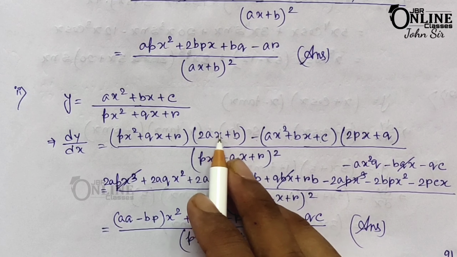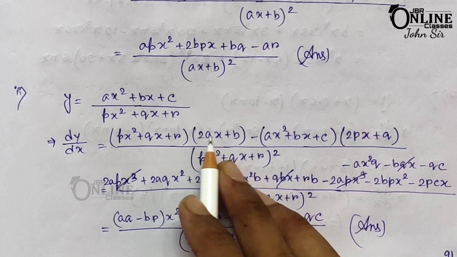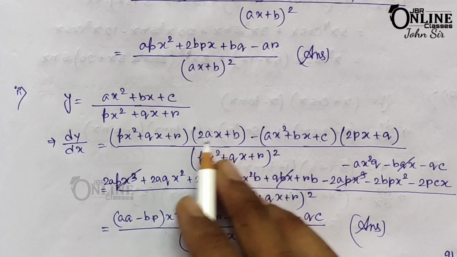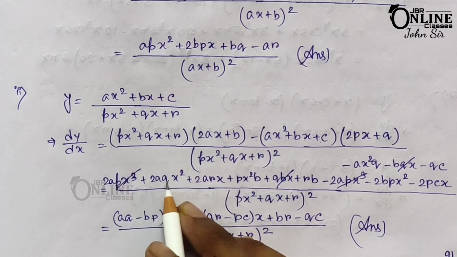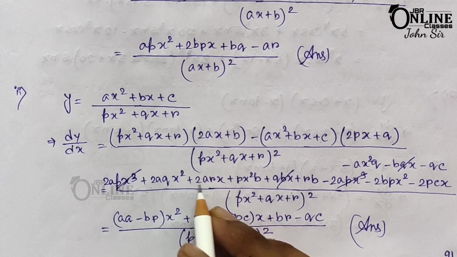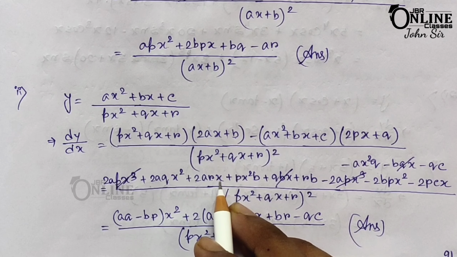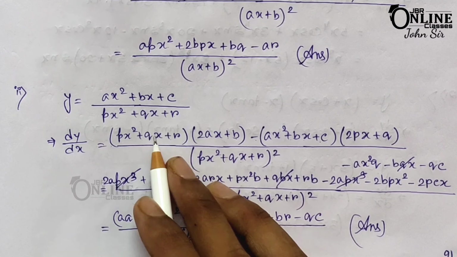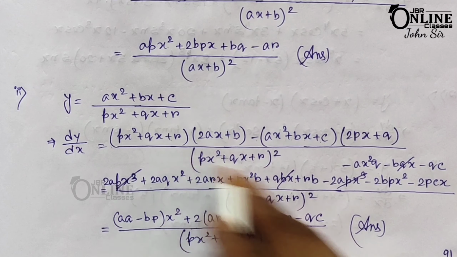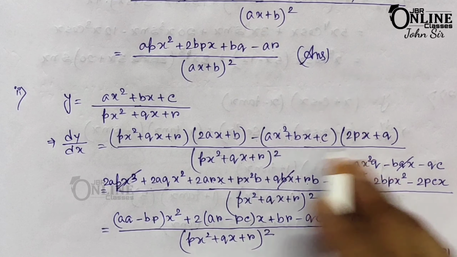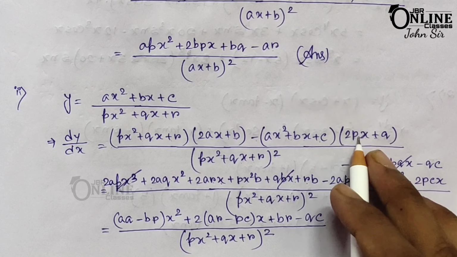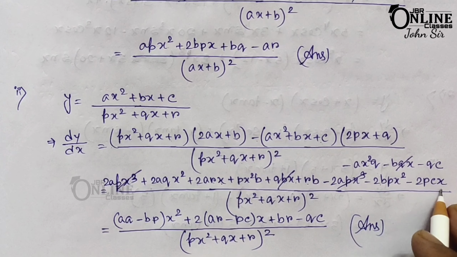Now you have to multiply this one with this one. So 2ax multiplied with this one gives 2apx cube, then 2ax into qx is 2aqx square, 2ax into r is 2arx. Now b multiplied with this one, px square b, b into this one qbx, b into r, this one. The same thing will happen here: 2px multiplied with this one, 2px multiplied with this one, and 2px multiplied with c, so minus 2pcx.